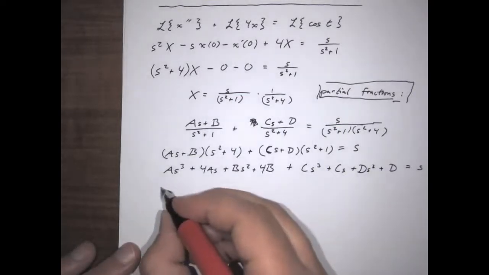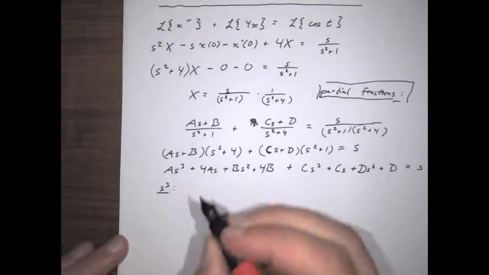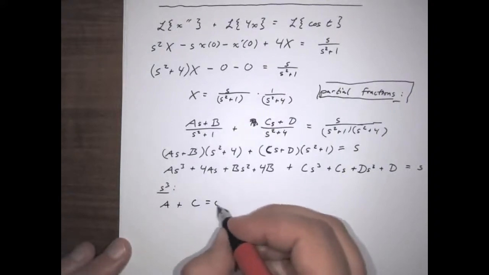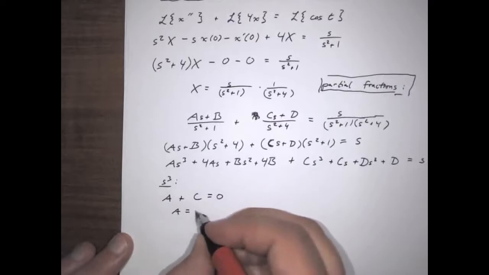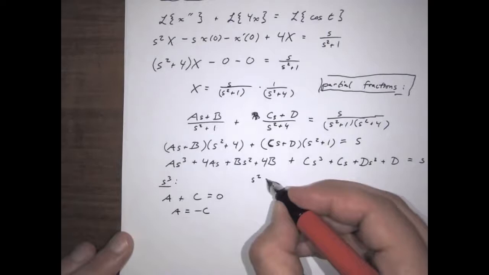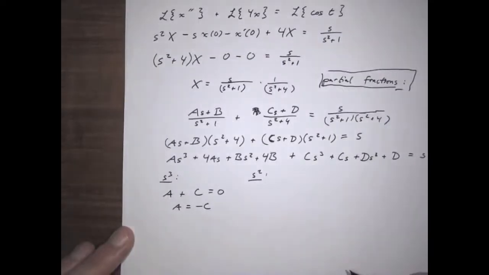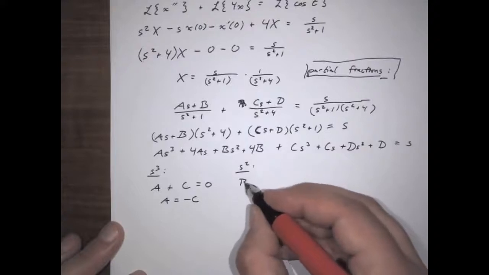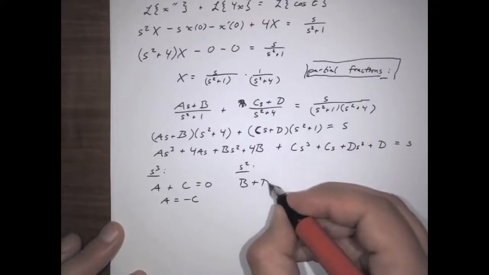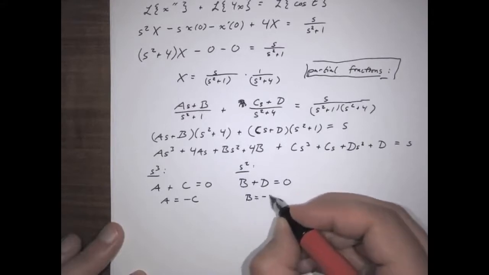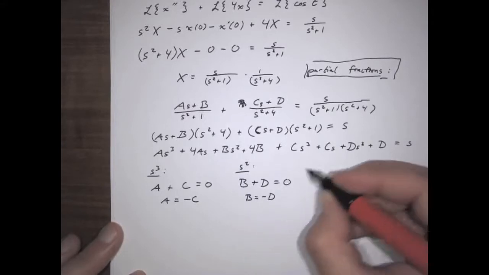Now from the s cubed side of things, I know that a plus c equals 0, so a equals negative c, good to know. From the s squared side of things, I know that b plus d equals 0, which means b equals negative d, also good to know.